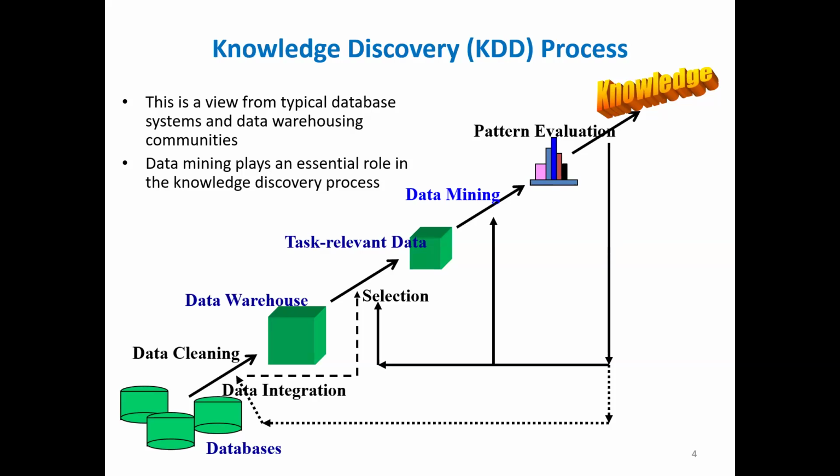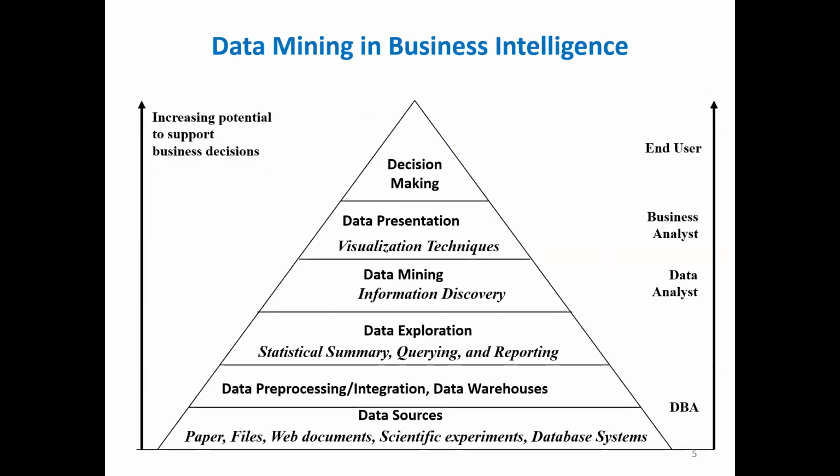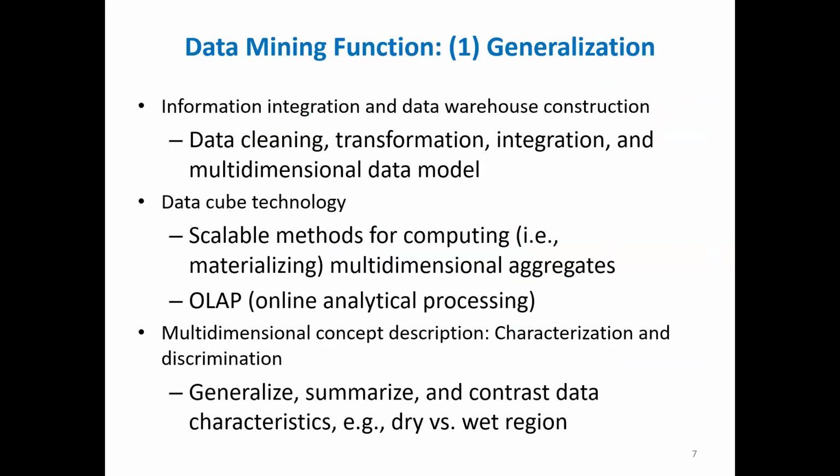Okay. So the next portion I have to cover is what are the different functions of data mining? What are the different things that we can do with the help of data mining? The first thing is generalization. What do we mean by generalization? We construct the data, we integrate the data in the form of a data warehouse. So what is a data warehouse?